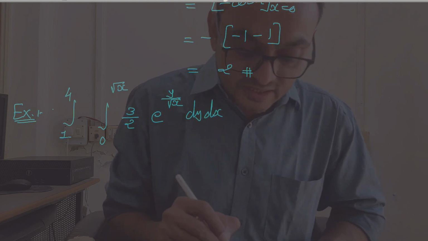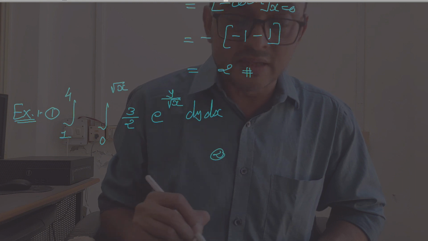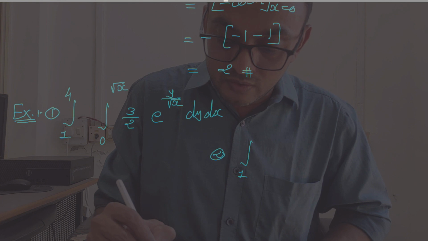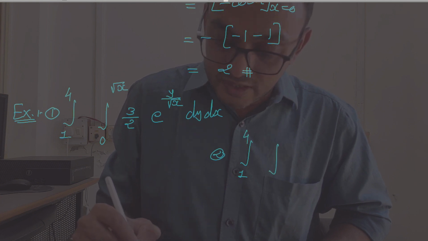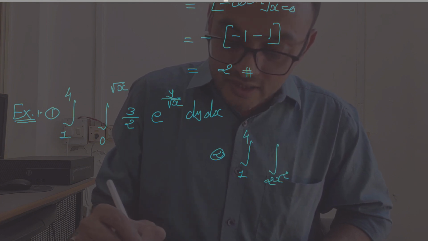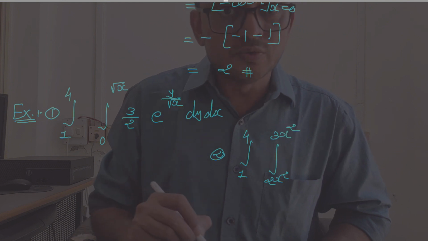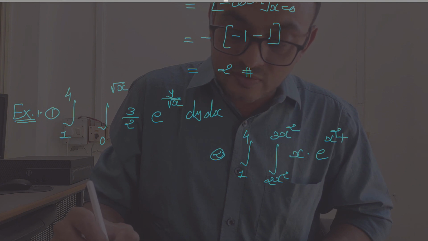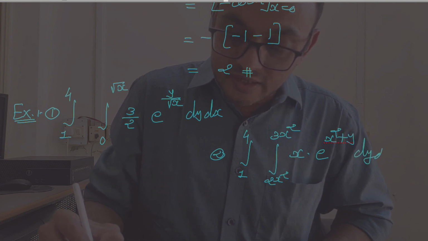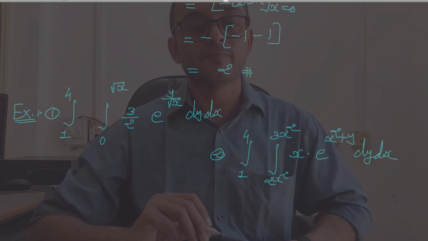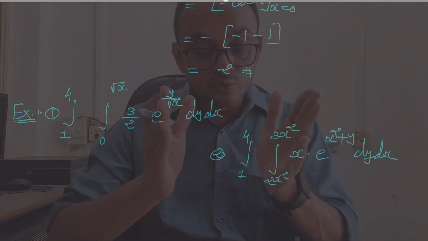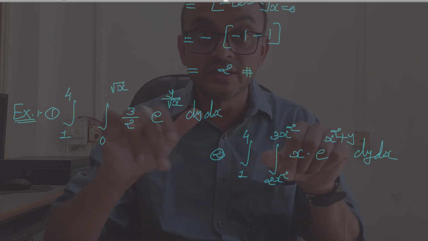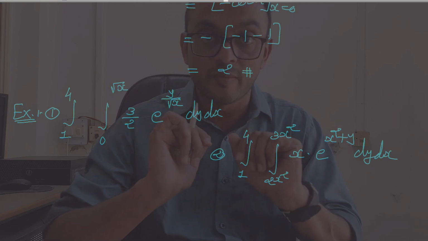This is the first exercise, and the second exercise is integration 1 to 4, integration 2x square to 3x square, x into e raised to (x square plus y), dy dx. These two are homework. Don't forget to mention the answer of these 2 exercises in the comment.